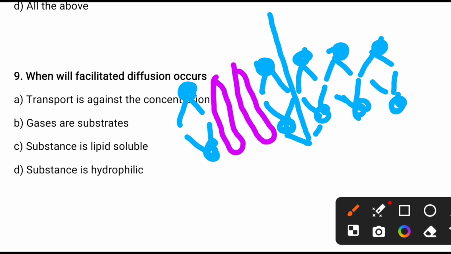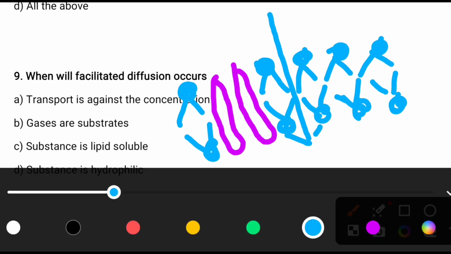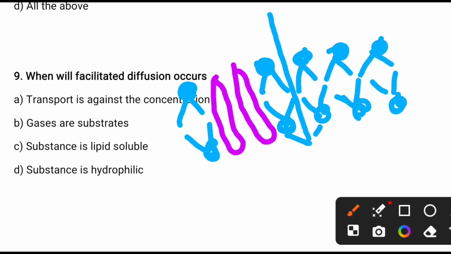Then how are they allowed into the cell or outside of the cell? Yes, there are channel proteins. There are special proteins present in the plasma membrane, called transport proteins. They allow the hydrophilic substances through with them.